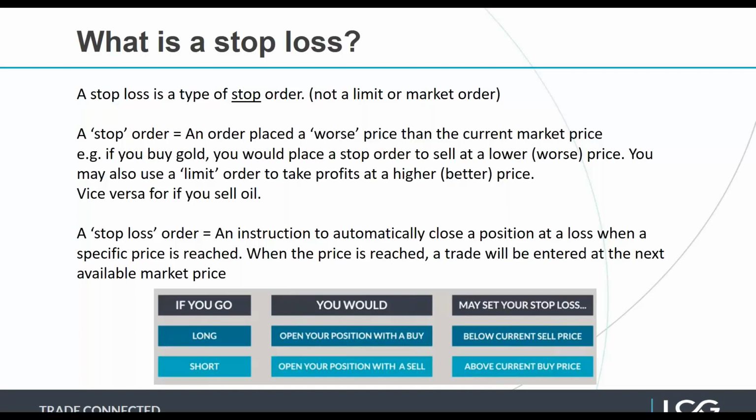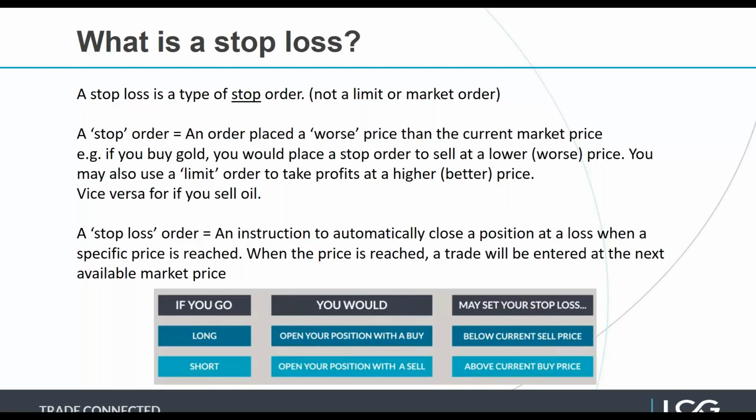It's like the market drops through this price that you've specified. That causes you a loss. As it goes through that price, it may be that the next available price is the exact stop loss that you've specified, or if there's some more volatility in the market, which we'll discuss in a minute, some different scenarios like gaps, then it will be the next available market price.